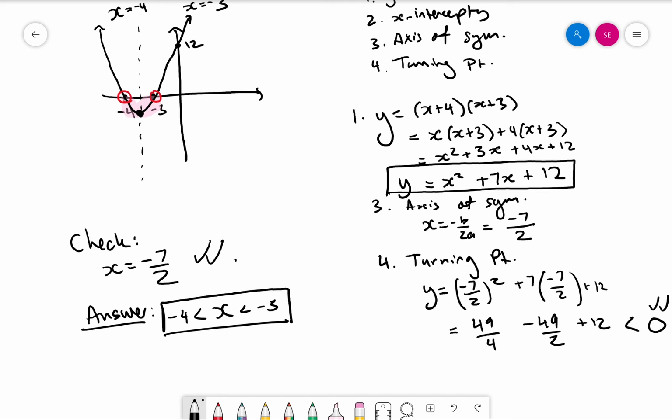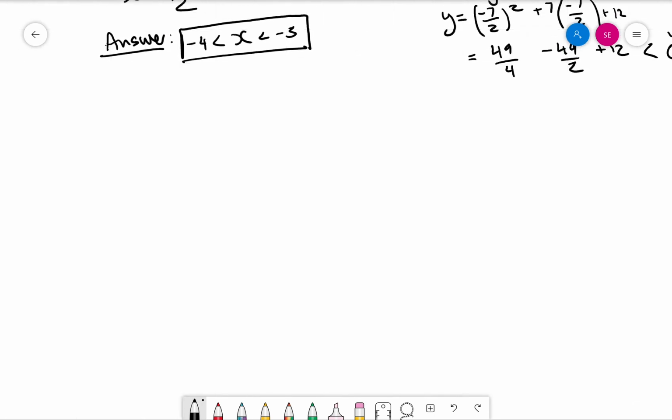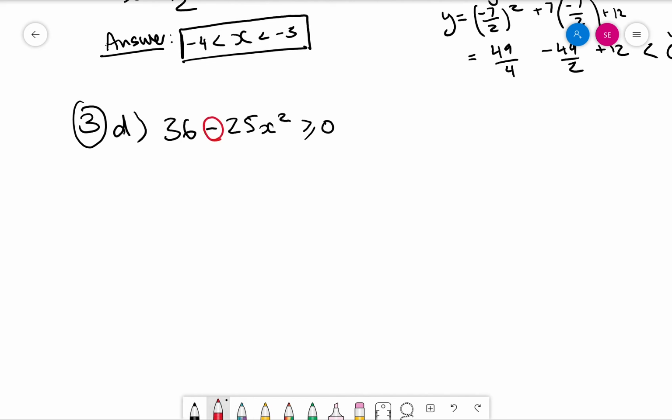Now let's do 2 more quick ones. We'll do 3D. Alright, so we've got 36 minus 25x squared is greater than or equal to 0. Now, something to note here is that we have a minus in front of the x squared.